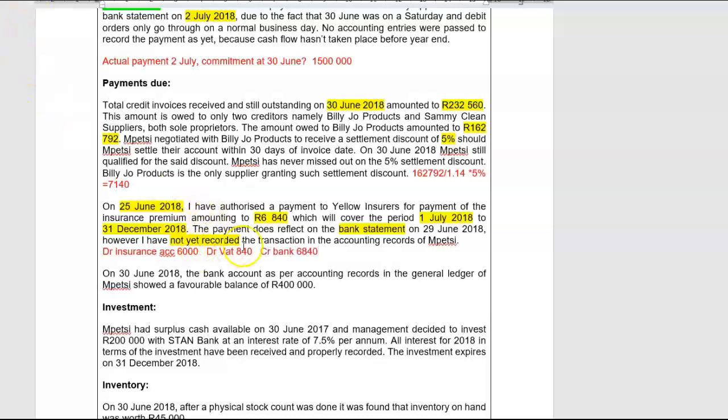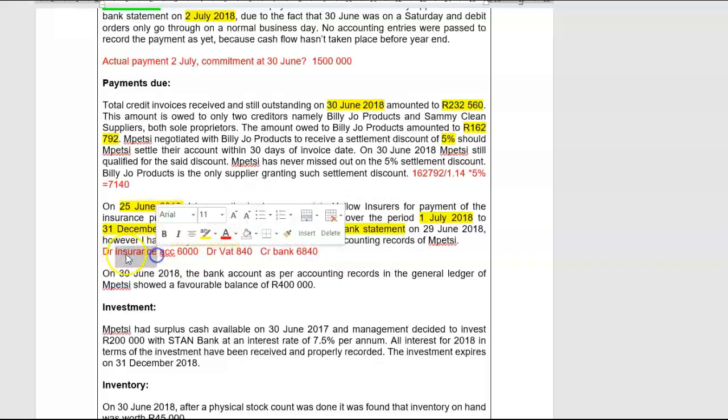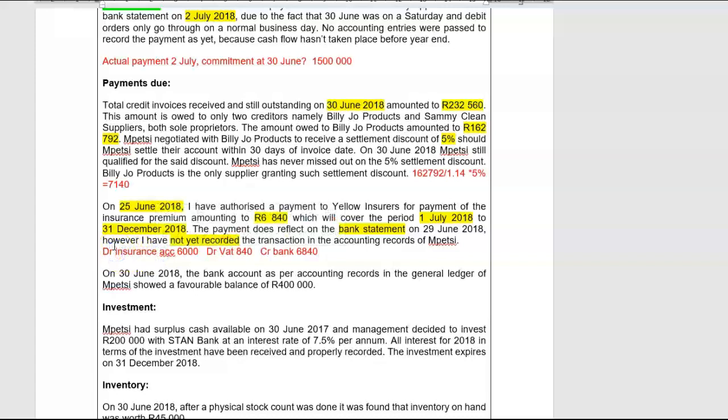So at year end, as part of his year end closure entries, he had to pass this entry in his books. It will in any case disappear from his bank reconciliation, but my records are wrong not to include that. This is not debit insurance, this is debit prepaid insurance, because it is all to do with the next financial year. Prepaid insurance for 6,000 Rand.